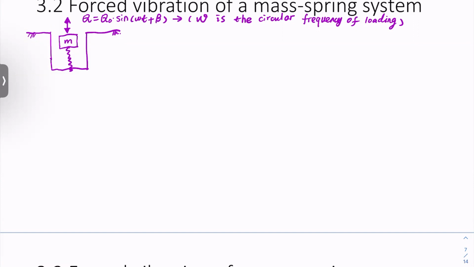That's the external loading, right? And also a beta as a phase angle. So we want to be as general as possible to describe this external force, but this external force is a sinusoidal loading. You might want to say, hey, Dr. Wang, a lot of earthquakes are not sinusoidal. Yeah, you are absolutely right.